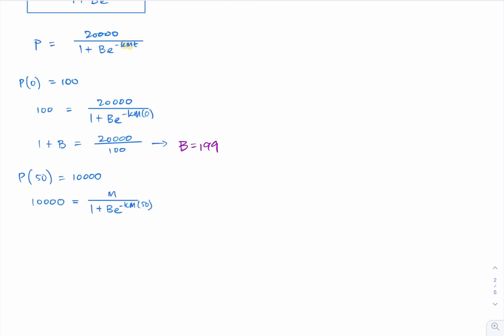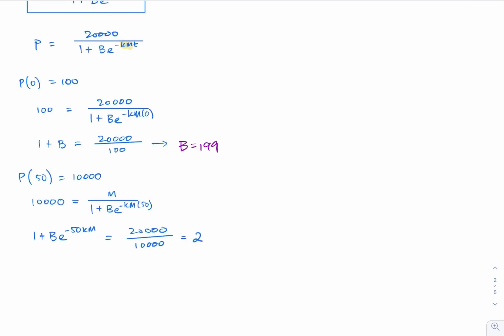And so 1 plus b e to the negative 50 kM equals M over 10,000. I suppose, all right, I'll write it this time: 20,000 over 10,000, which is 2.